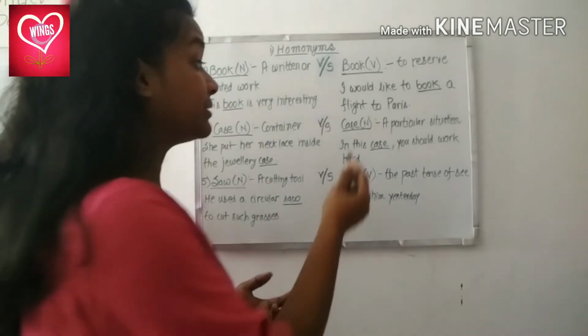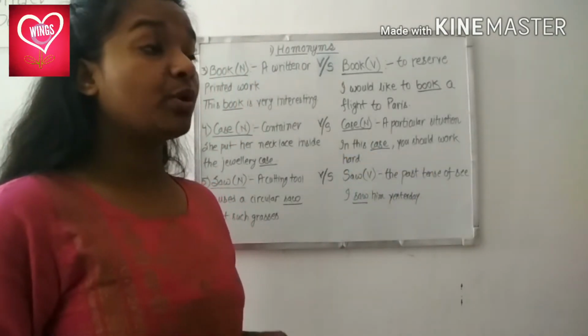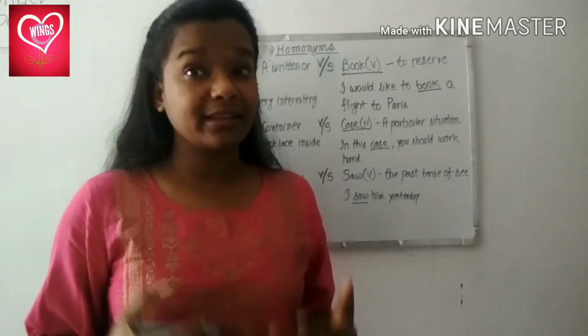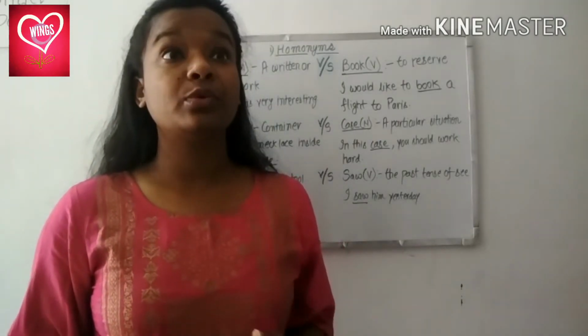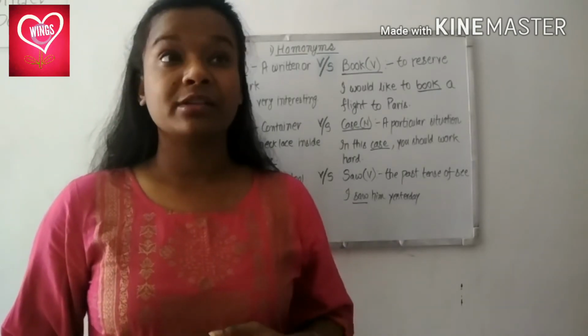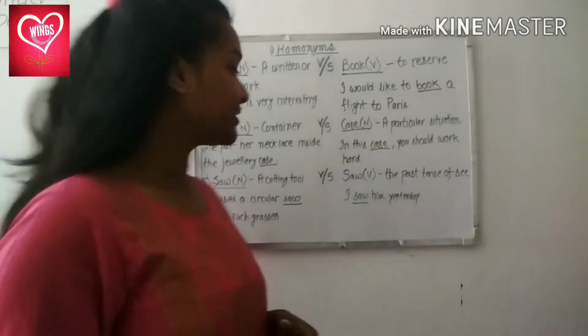For example, in this case, you should work hard as you haven't studied till now. So, in this case, you should work hard as you have to achieve a great rank in your exam.